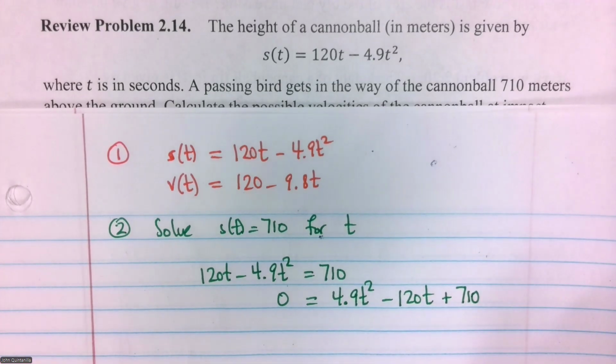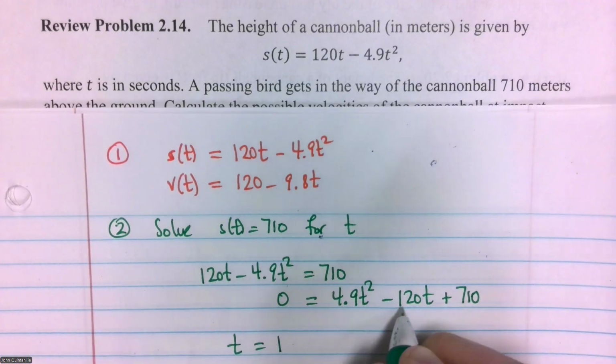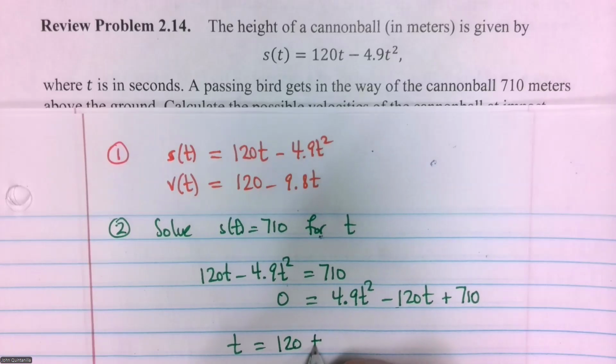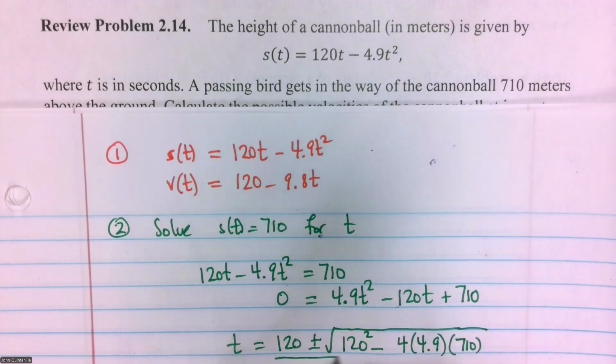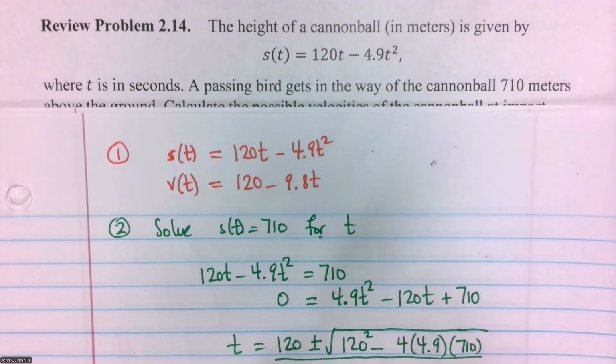All right, that is a fairly nasty quadratic equation, but we have the quadratic formula. So t is equal to negative b, 120, plus or minus the square root of b squared, 120 squared, minus 4 times 4.9 times 710, all divided by 2a, which is 2 times 4.9.